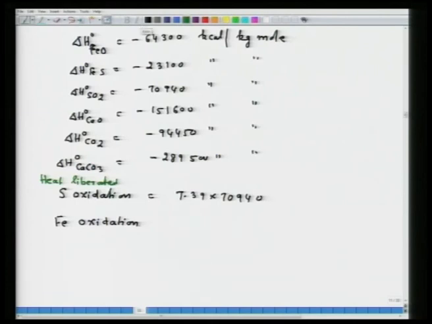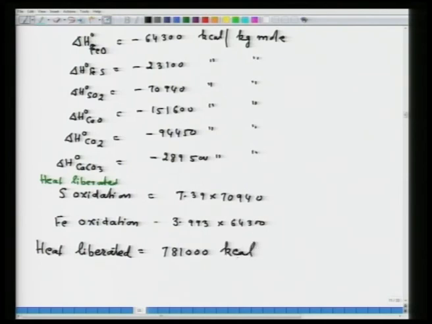For iron oxidation to FeO, that will be 3.993 into 64,300. So, if you sum total, then the heat liberated will be equal to 781,000 kilocalorie. Now, why have I used heat liberated?